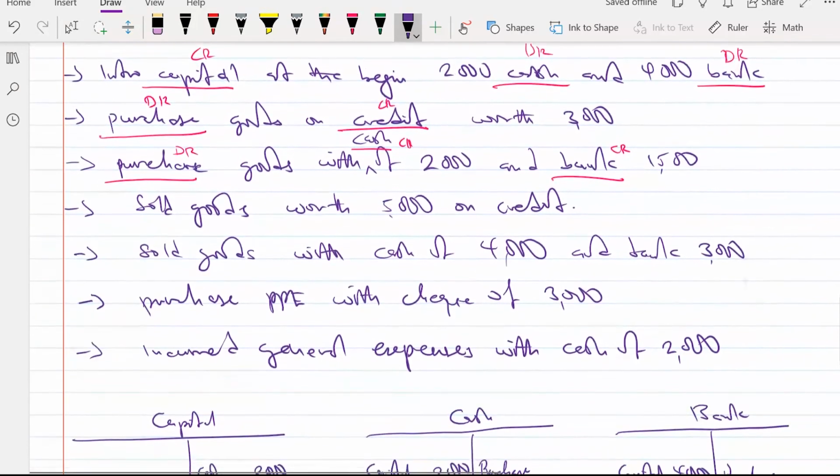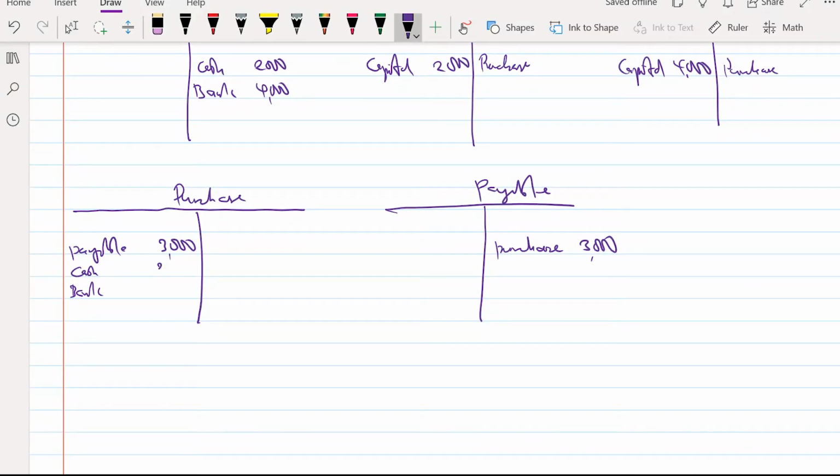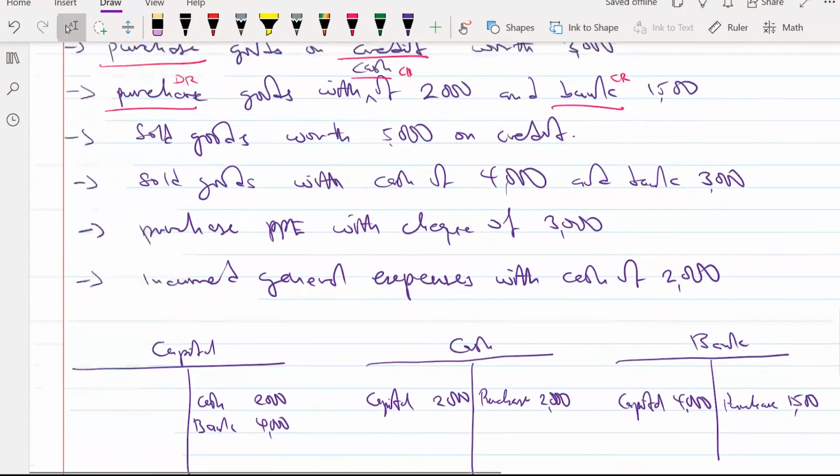The figures there are 2,015, so we have 2,000 and 15. Okay, so we've done the corresponding entry.